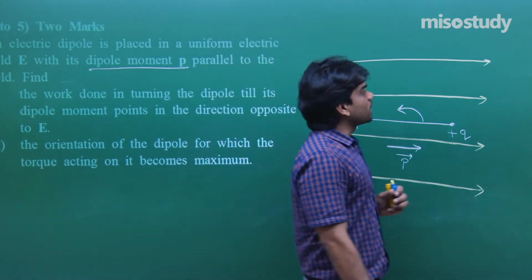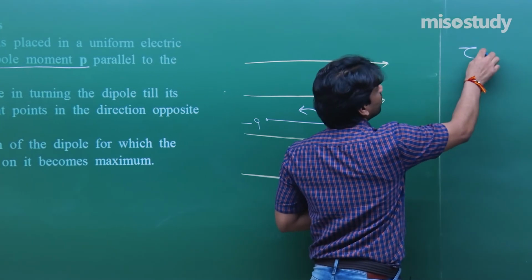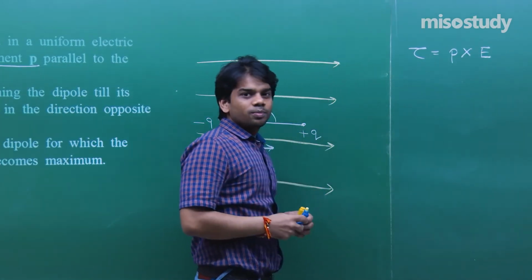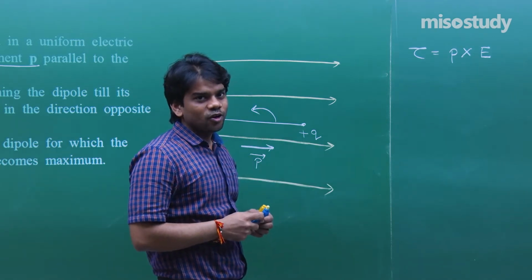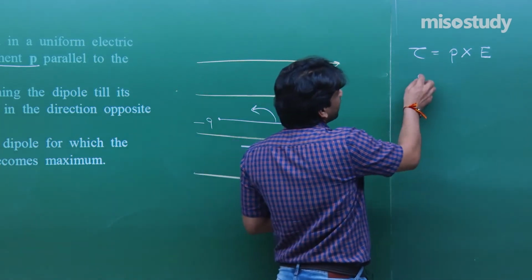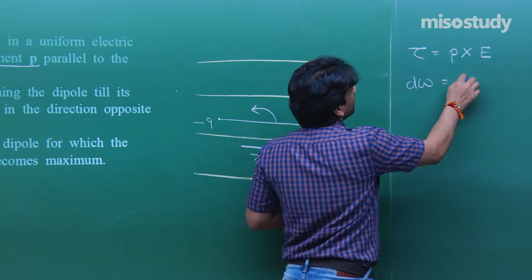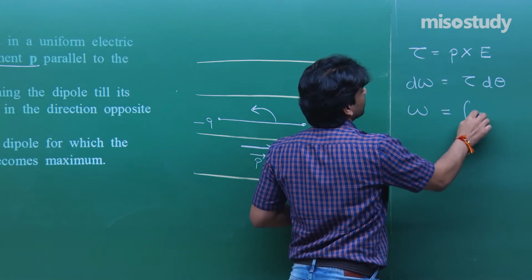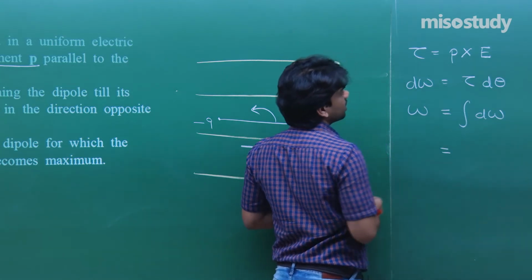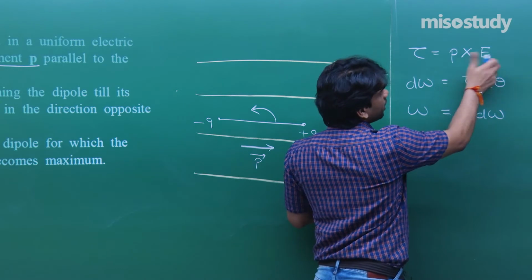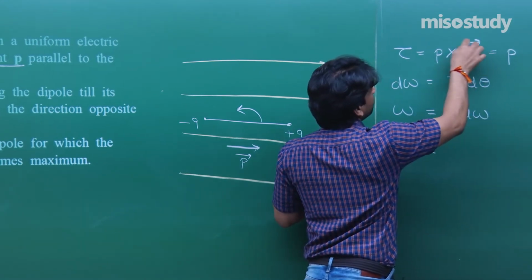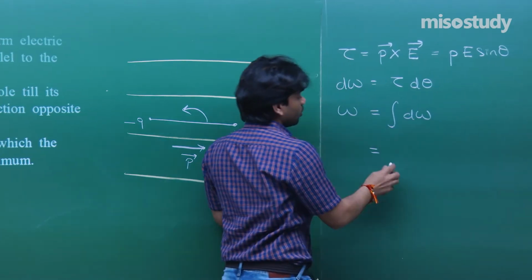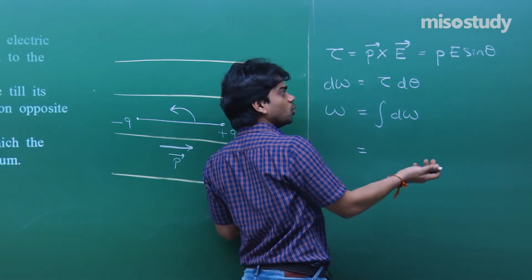Now for this we all know that torque acting on a dipole is given as P cross E. So if I write small work done in rotating, that will be tau d theta, and I can write total work done as integration of dW, and this will come out to be, P cross E written in magnitude, PE sin theta, and now let me rotate it through 0 to pi.